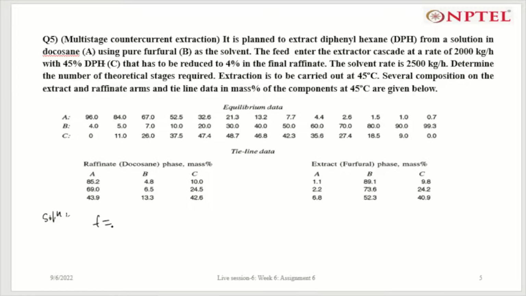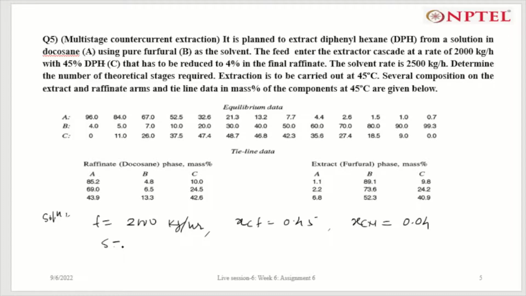Given feed rate F is equal to 2000 kg per hour. Mole fraction of solute in feed is given as 0.45. Raffinate and final raffinate: the mole fraction of the solute in the final raffinate Rn is 0.04.